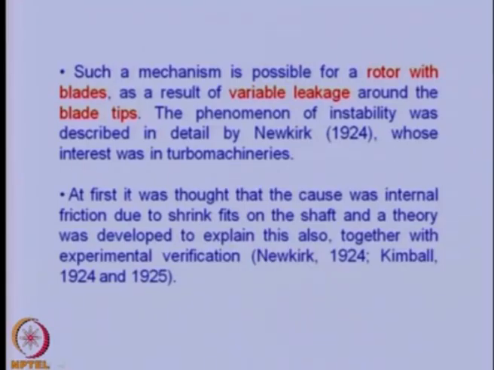At first, it was thought that the cause was internal friction due to shrink fits of the shaft, and the theory was developed to explain this also, together with experimental verification by Newkirk in 1924 and in 1925.